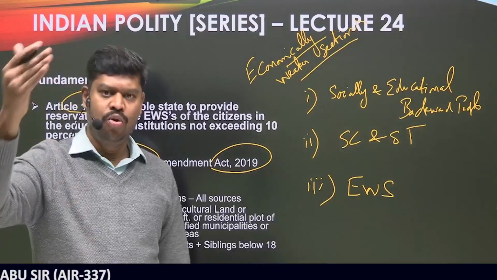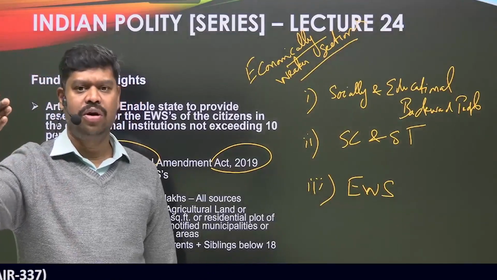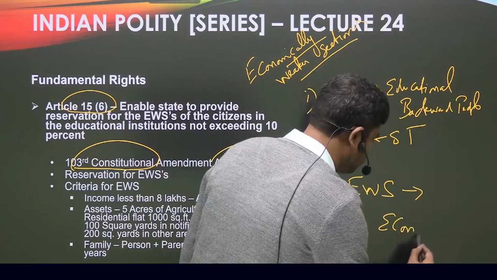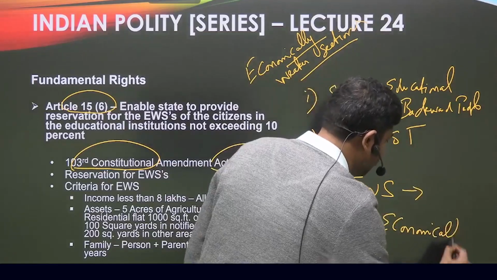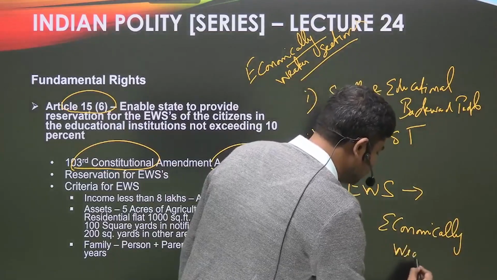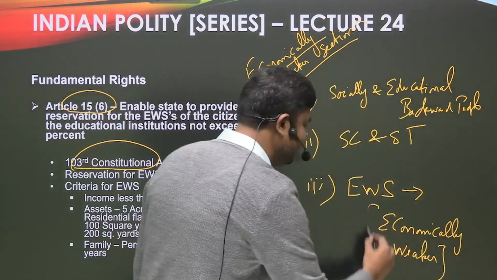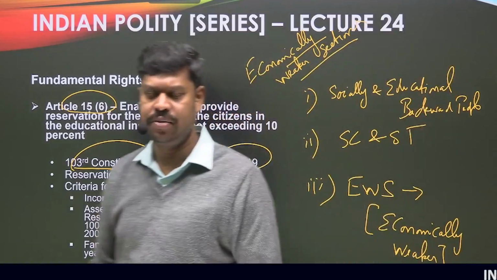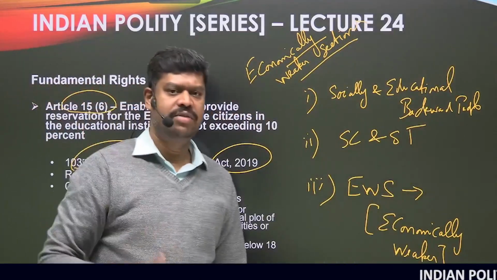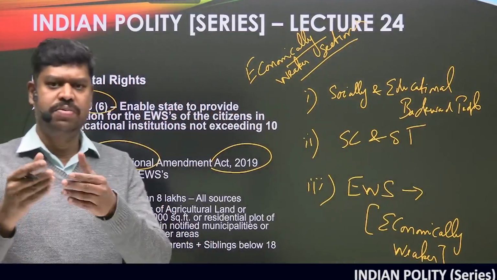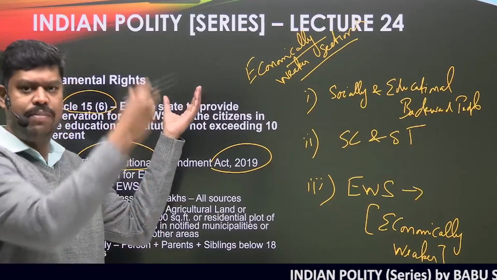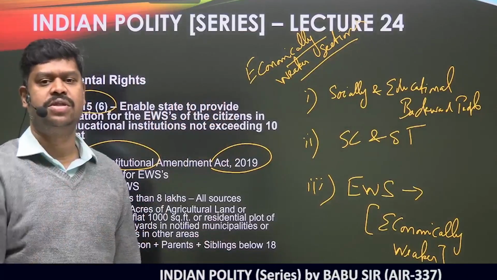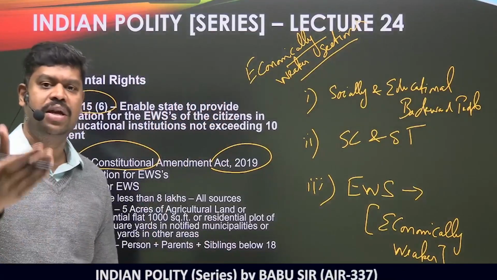They may be from the advanced or forward castes, but they are economically weaker. When I say they are economically weaker, that means their economic position is not good, their income is not up to the mark, and hence they are also deprived of education, and hence they should also be given certain privileges. To give those privileges, first you need an enabling provision that enables the Constitution to provide special provisions for the welfare of the economically weaker sections.